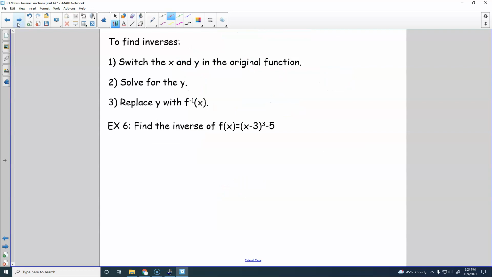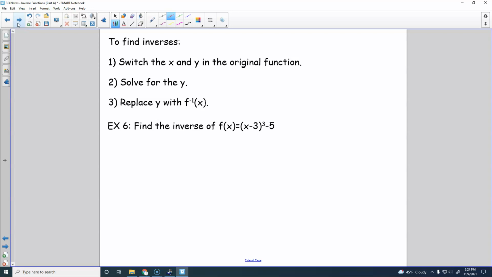Okay. Another thing we need to remember how to do is how to find inverses by hand. So to find inverses by hand, we switch the x and y in the original function. We solve for y. We replace the y with f inverse of x. We talked a little bit about that first stuff that I was showing you in pre-cal.